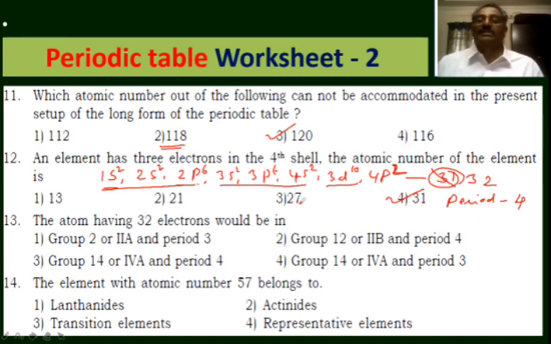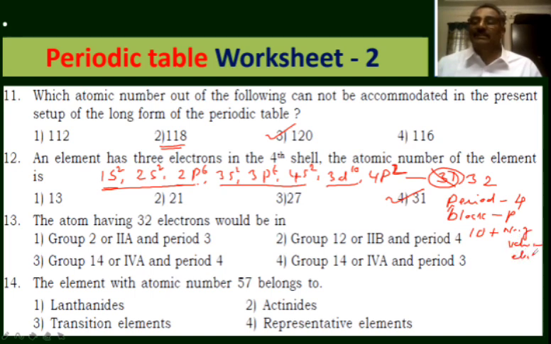To which block does that element belong? P block. How do you find the group number for P block elements? The group number for P block elements is 10 plus the number of valence electrons.